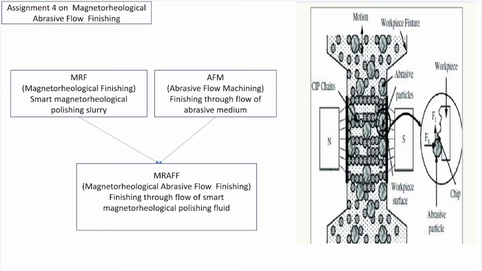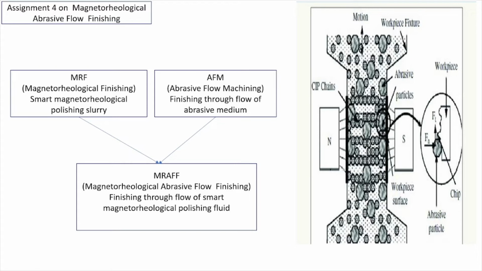So finally we'll get a fine surface finish. This is the main aim of combining those two processes to build one unique process, MRAFF, the magnetorheological abrasive flow finishing process.